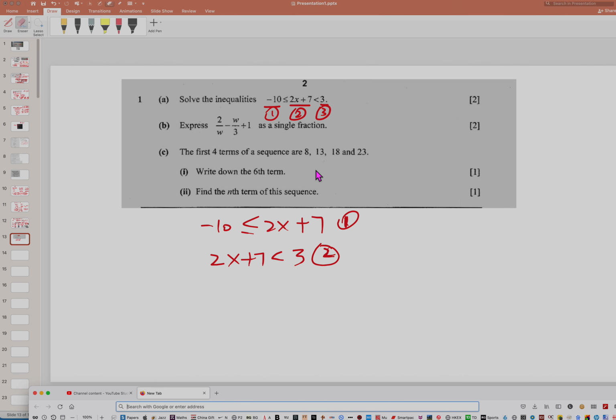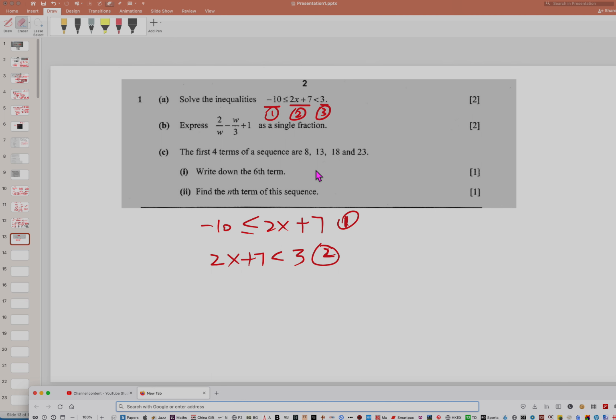X, let me look. Oh, negative. Do you switch the sign or not? No. Why not? Because it's not divided by a negative number. Correct. Okay, good. Correct. That's how you solve this.